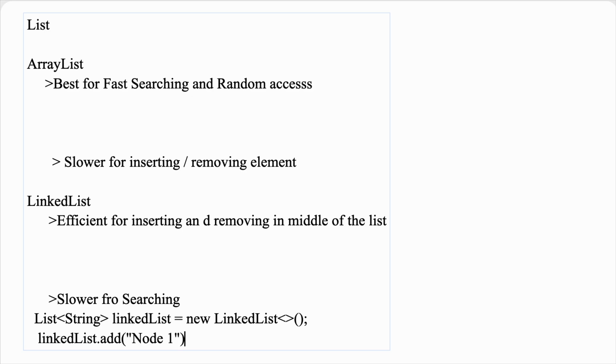If you want to print, check the linked list reference, and you will see an array, and in that array you will see the nodes. This is regarding the linked list.